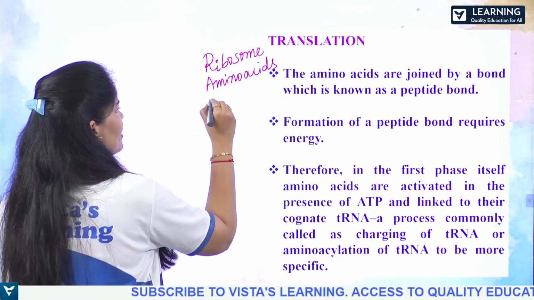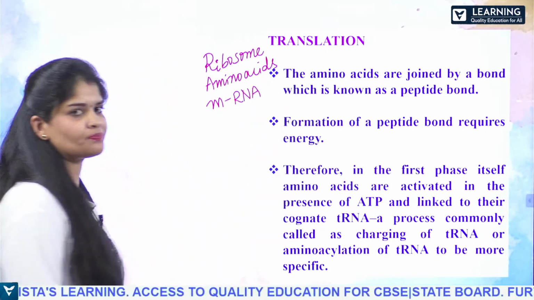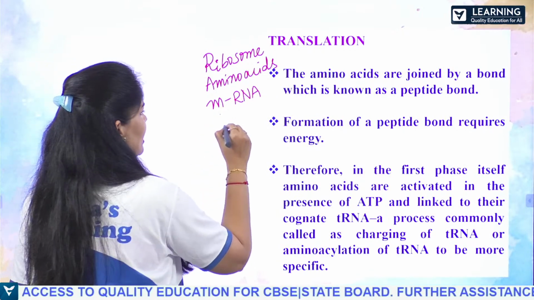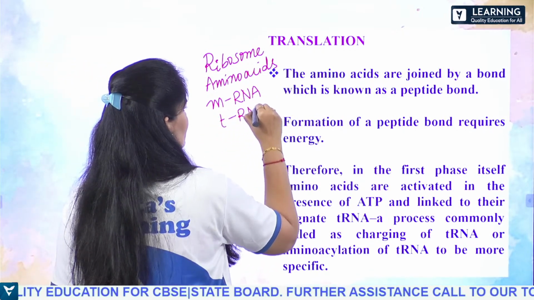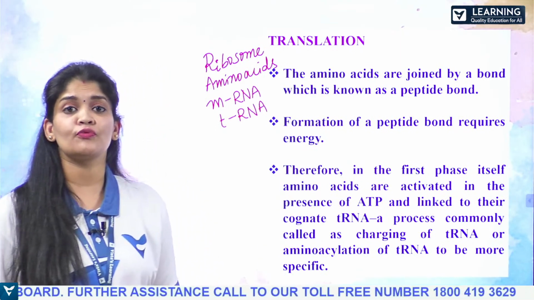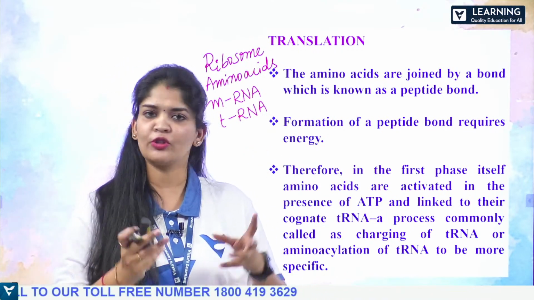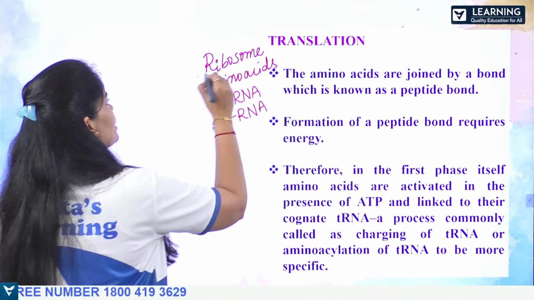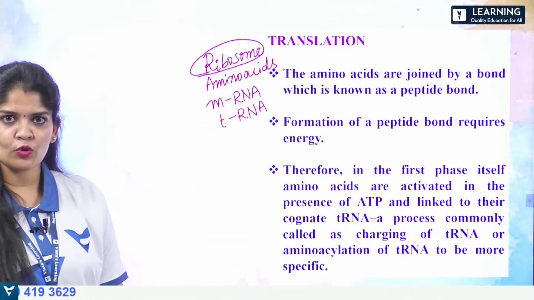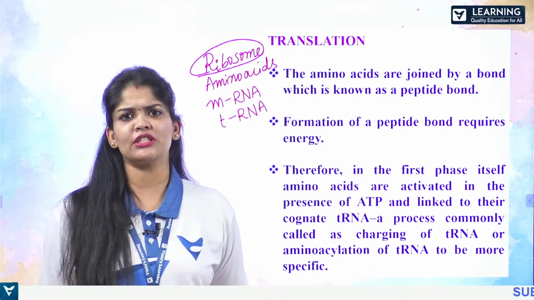We require mRNA, which comes from transcription, and we require tRNA. And also magnesium ions, which are useful for dissociation and association of the larger subunit as well as the smaller subunit of the ribosome.